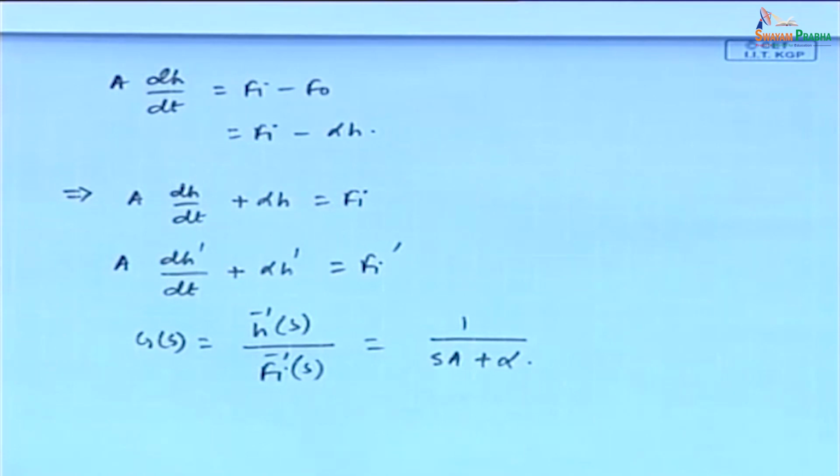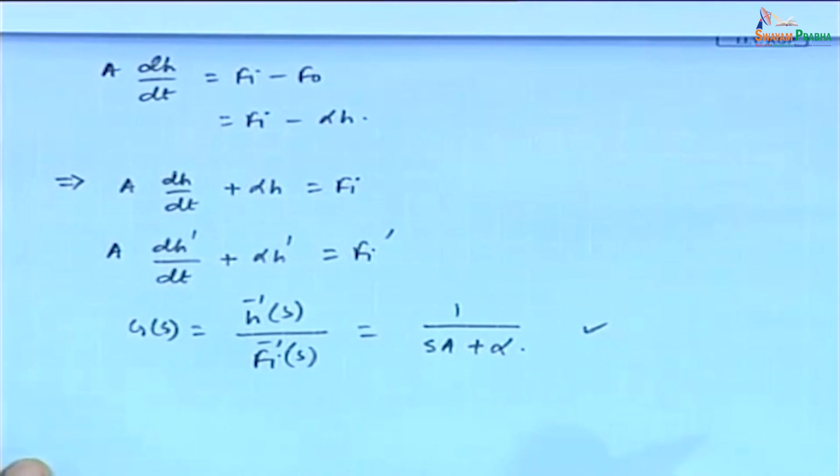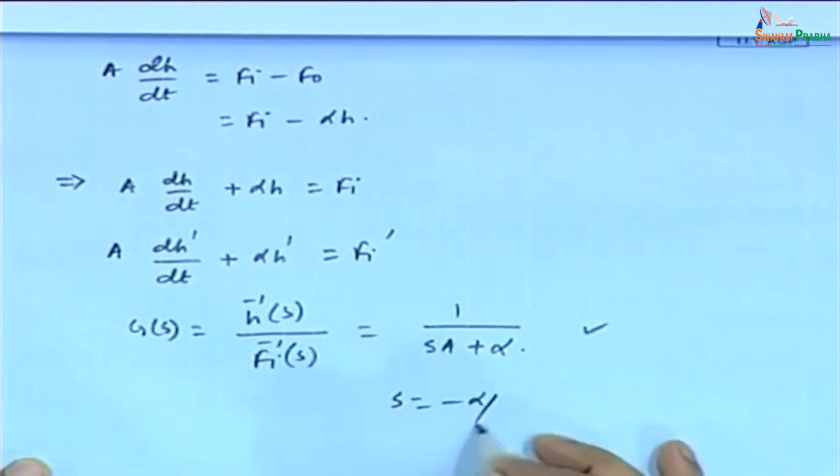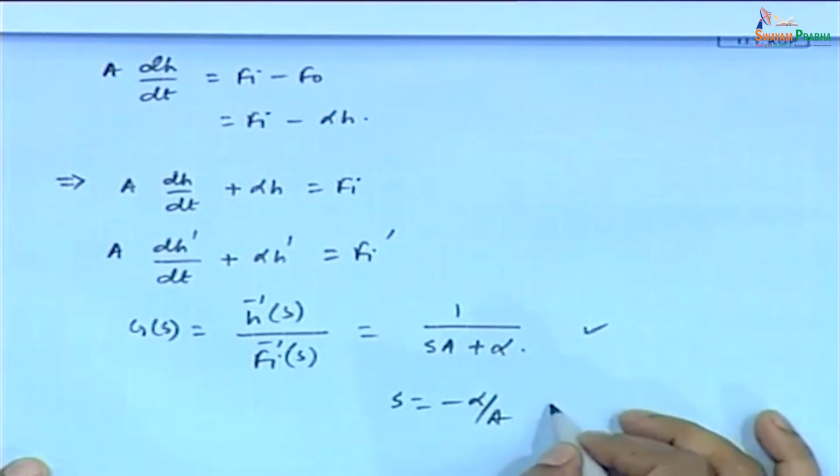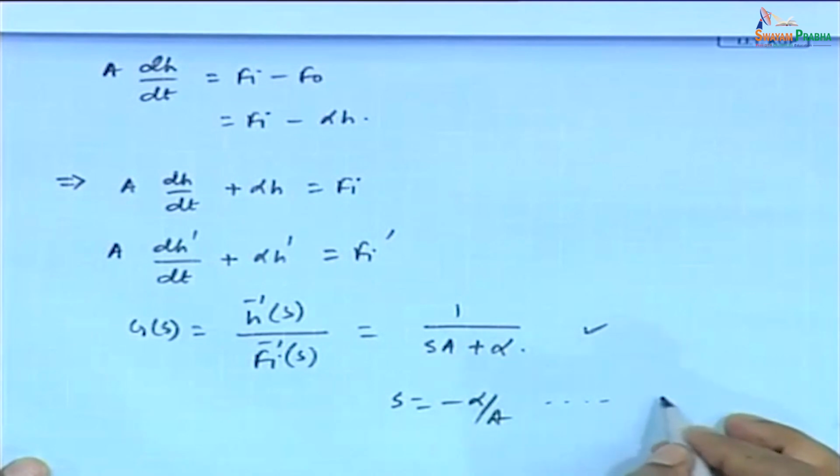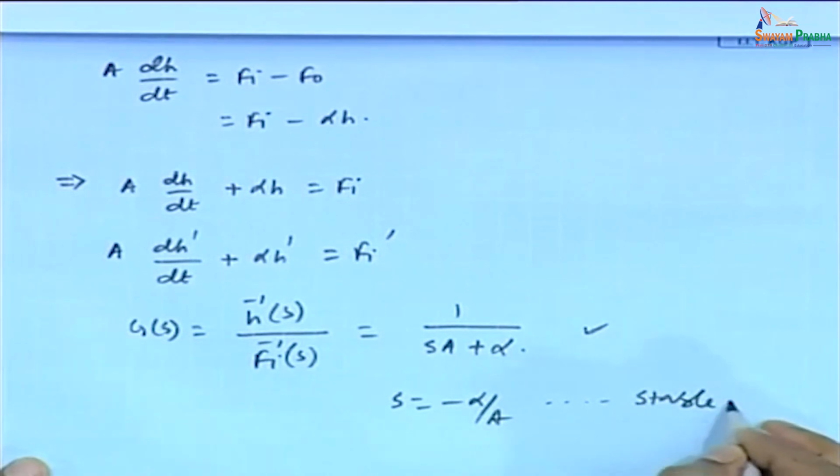Agree or not? Agree. So, what is the pole of this equation? Minus alpha divided by A. So, the system is stable or unstable? The system is stable. Area is always positive. So, if we consider alpha is positive, then the system is stable. Okay, thank you.